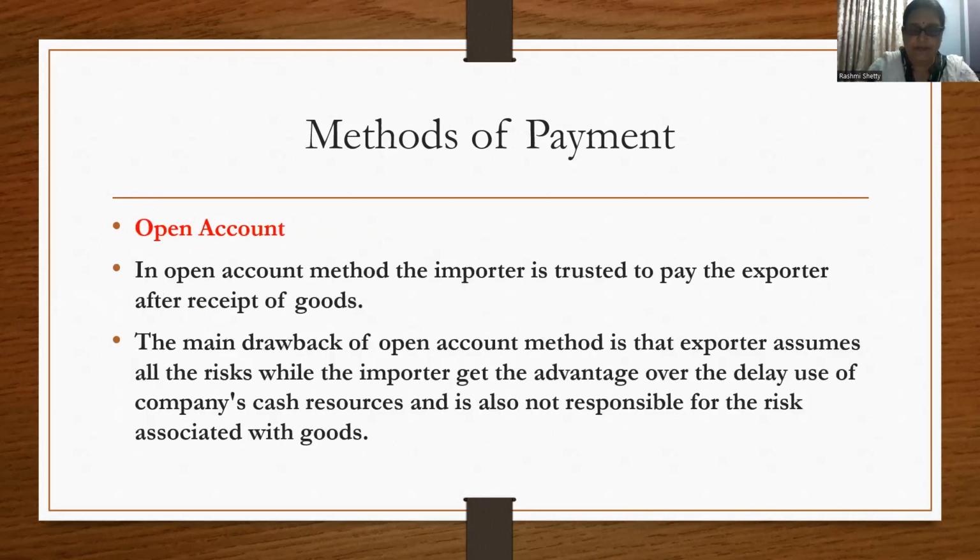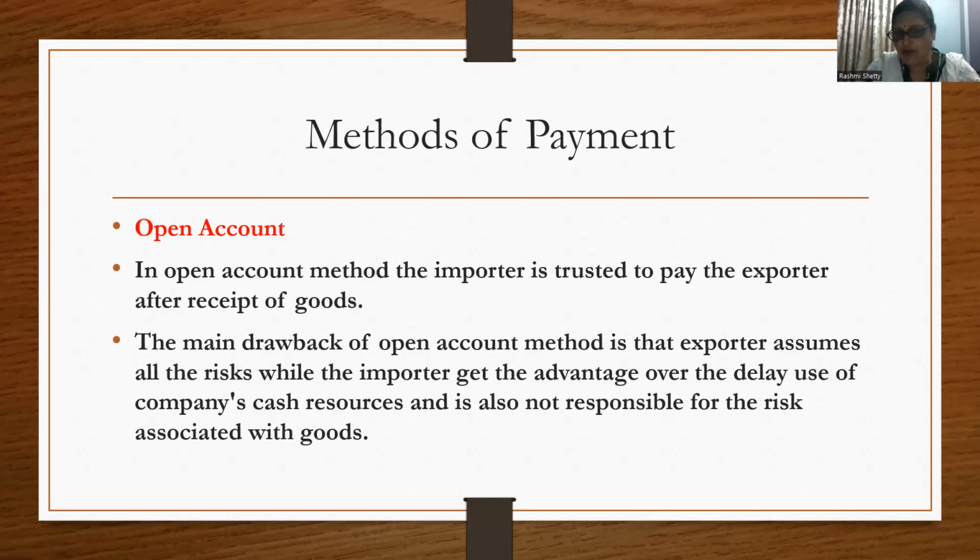That is advance payment. The other one is open account. Now in this, the exporter trusts the importer, so the importer is more trusted. As soon as the goods are sent, the importer will make the payment, and even if the importer does not make the payment, the exporter will wait.